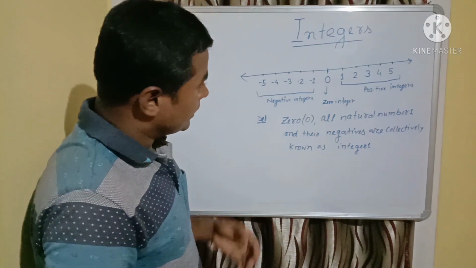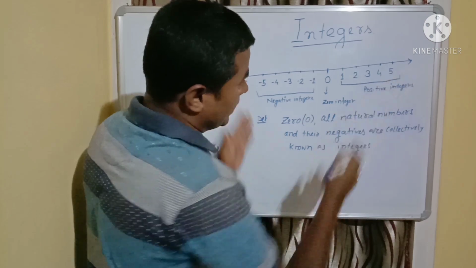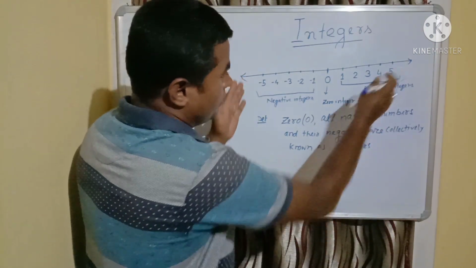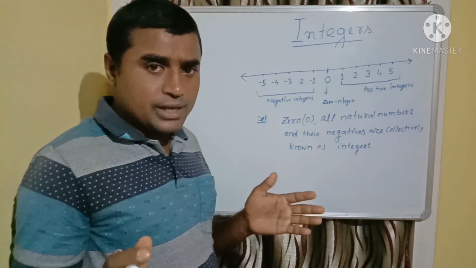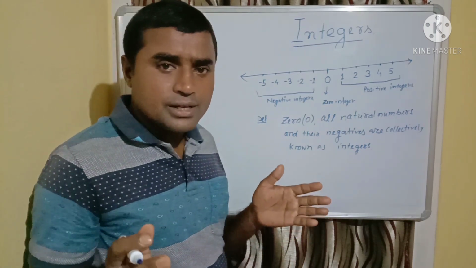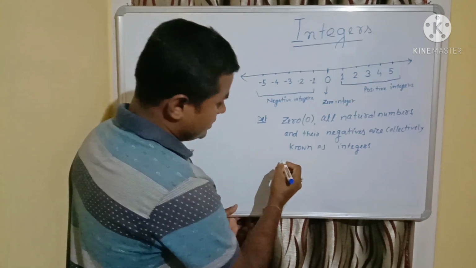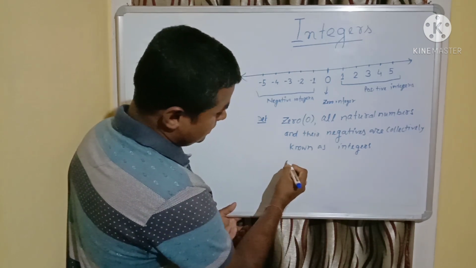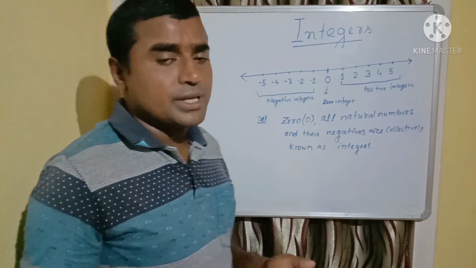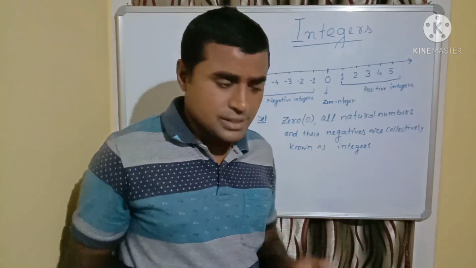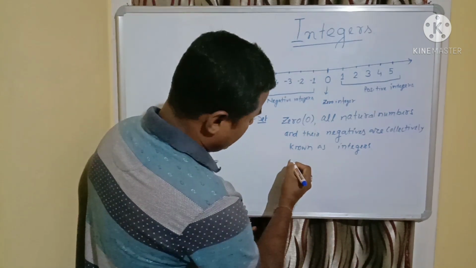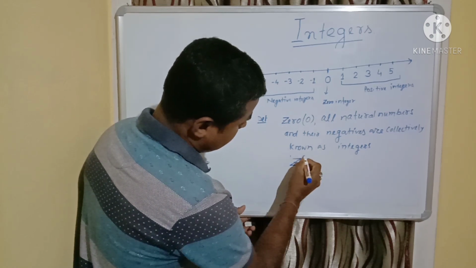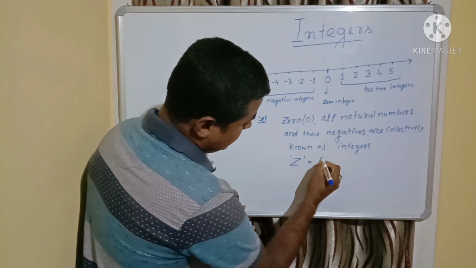The whole set of integers can be symbolized with the capital letter Z. Integers can be represented with the capital letter Z. Z means integers.